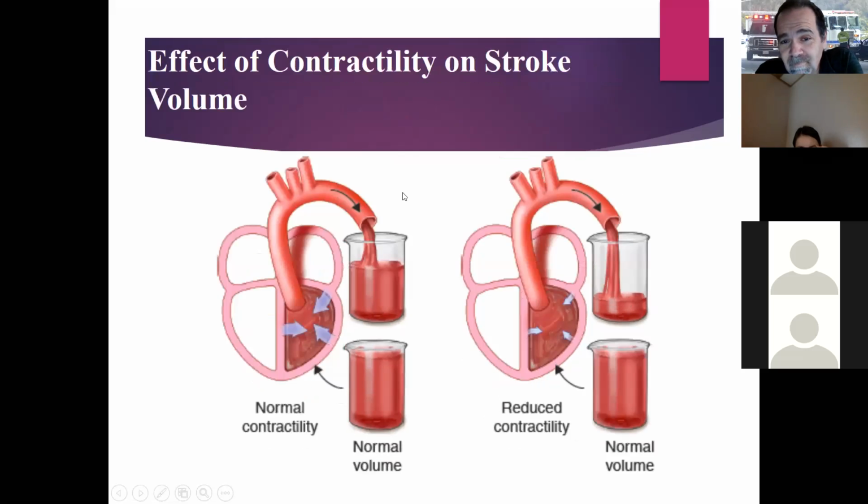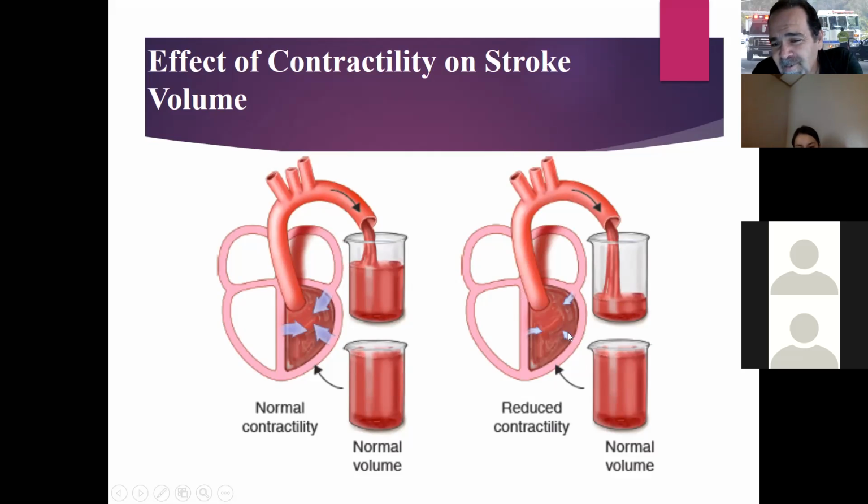That's due to coronavirus. Then the contractile force is basically you have a normal contractility, which basically you have a normal amount of blood coming in, but when you contract, this is denoted by the large arrows here, this ventricle will have a normal amount of volume.